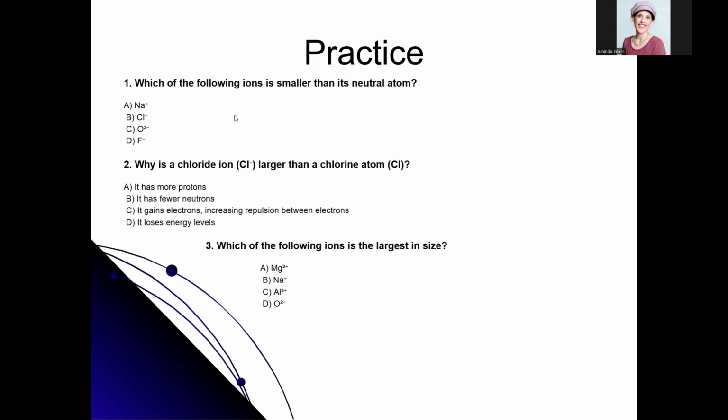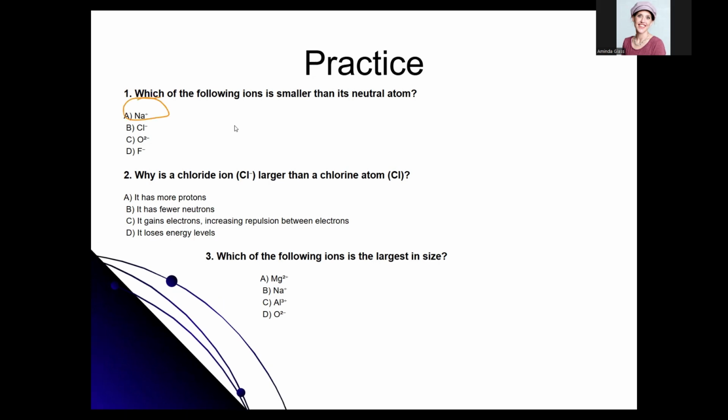So which of the following ions is smaller than its neutral atom? The answer would be sodium. Sodium loses an electron to become sodium ion, and there will be one less energy level, and you will have an imbalance of electrons to protons.